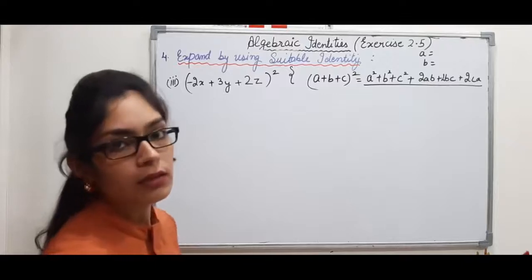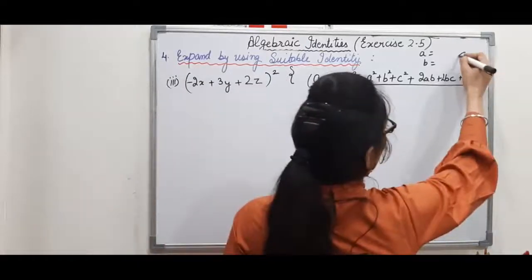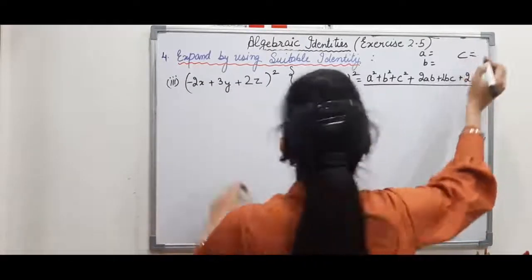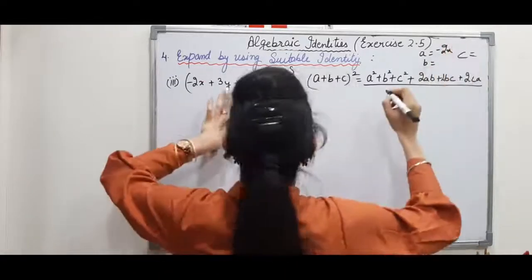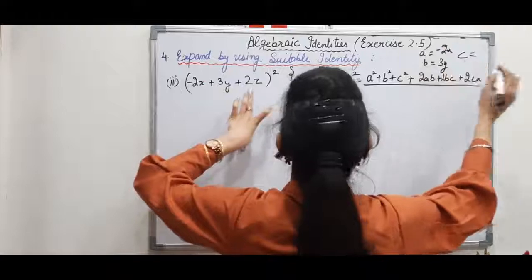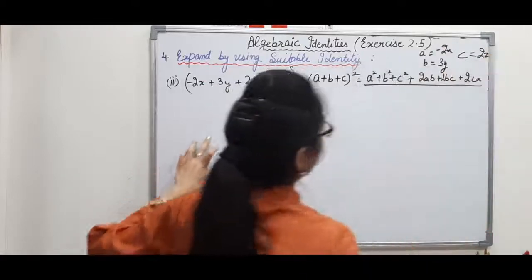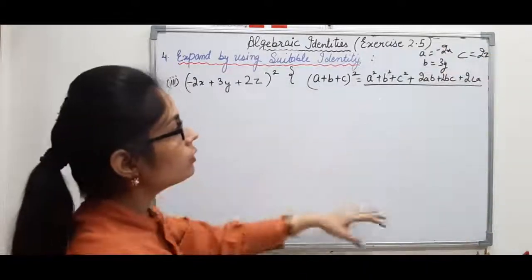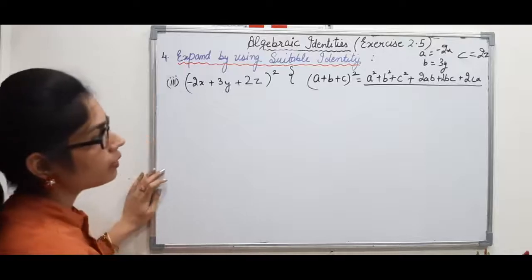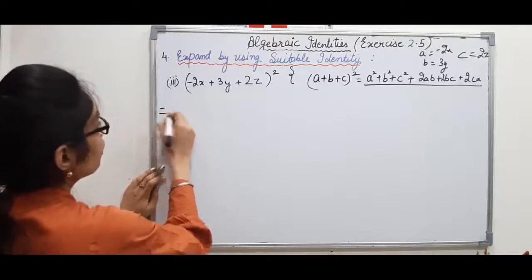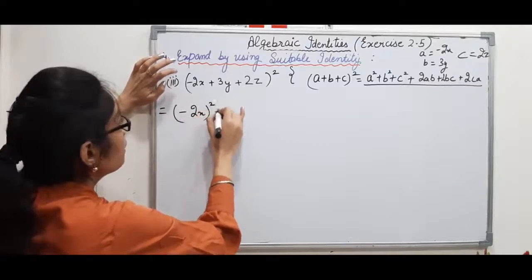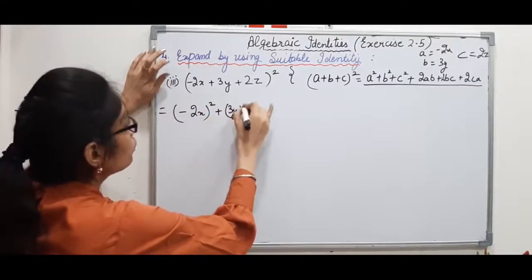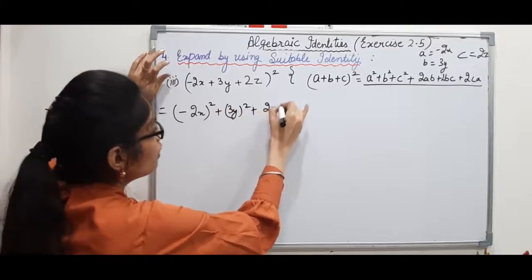But with the values of a, b and c, you have to write along with the sign. So here your a is minus 2x, b is 3y and c is 2z. Same identity we will use, but with signs we have to be a bit careful now. So a is minus 2x whole square plus 3y whole square plus 2z whole square.